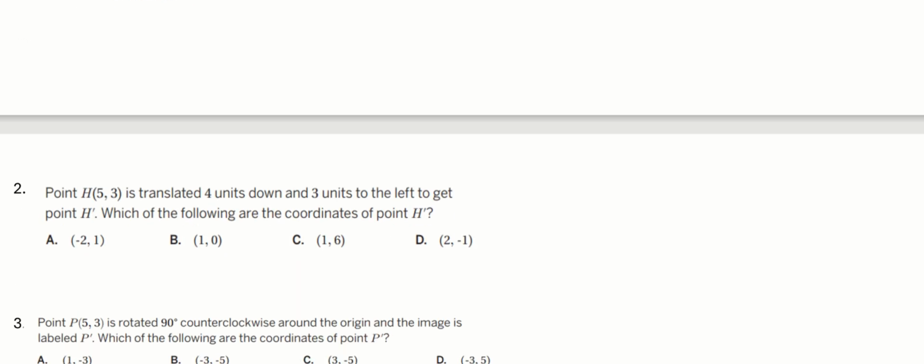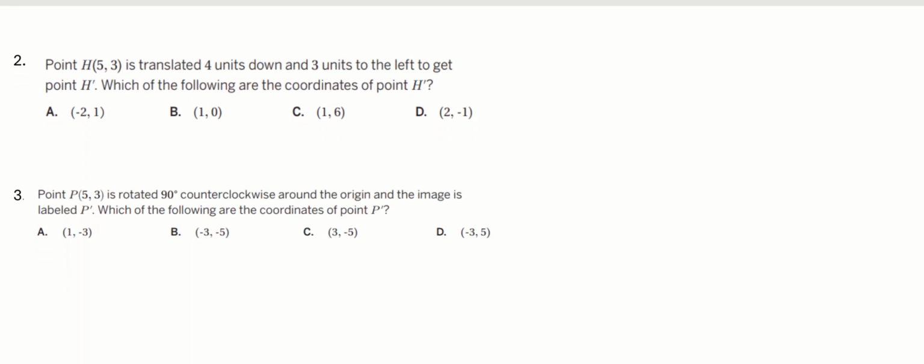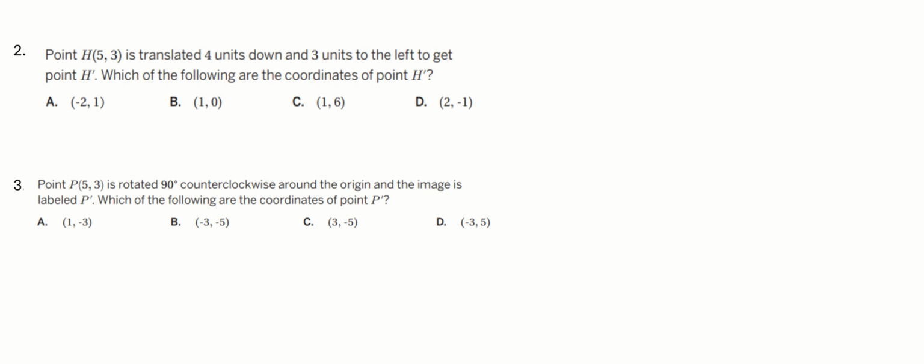Here we go. So point H is translated 4 down and 3 units to the left to get point H prime. Which of the following are the coordinates of point H prime? So we're going to use those little rules that we learned, right? So if it's 5, 3, and I'm going 4 down, that's on the Y. See, even I almost made that mistake.